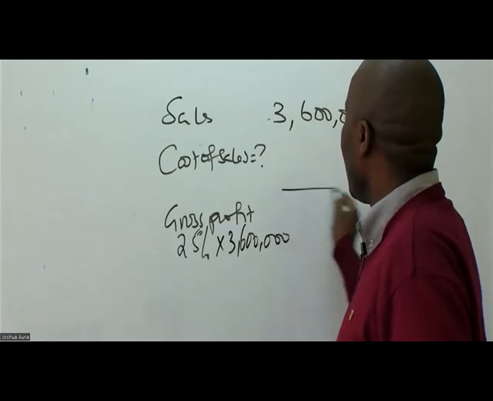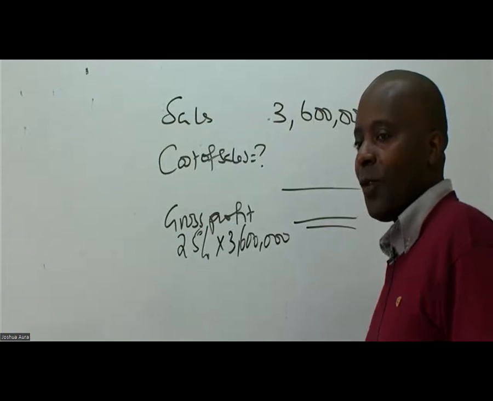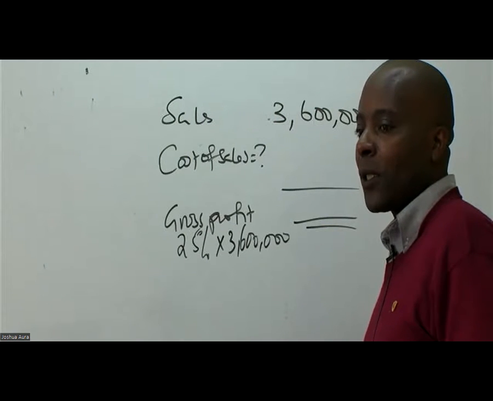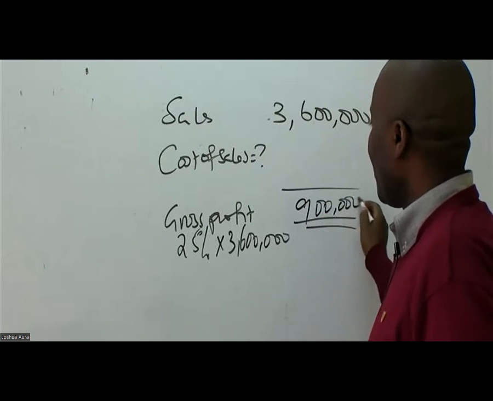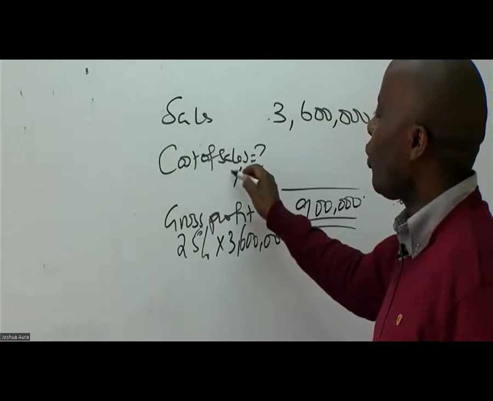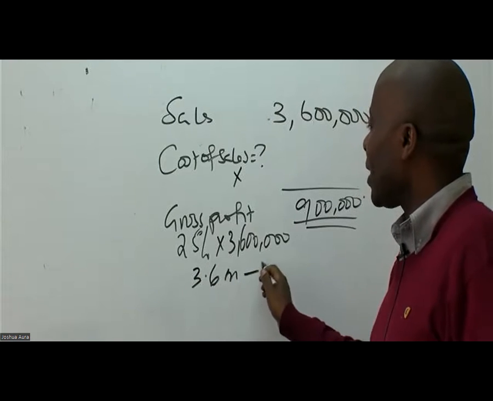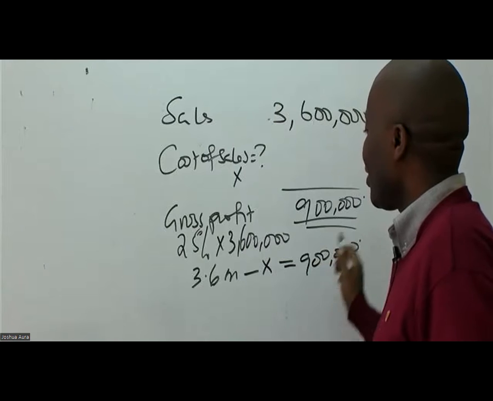So can somebody give me this gross profit? Yeah, they're giving me a figure of 900,000, right? So if I take the cost of sales to be X, I know that 3.6 million minus X should give me 900,000.